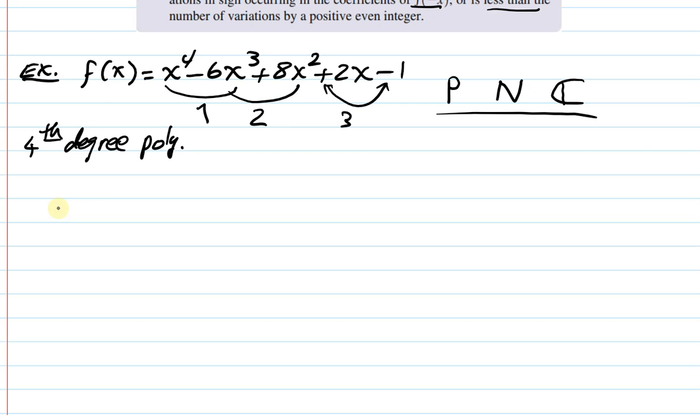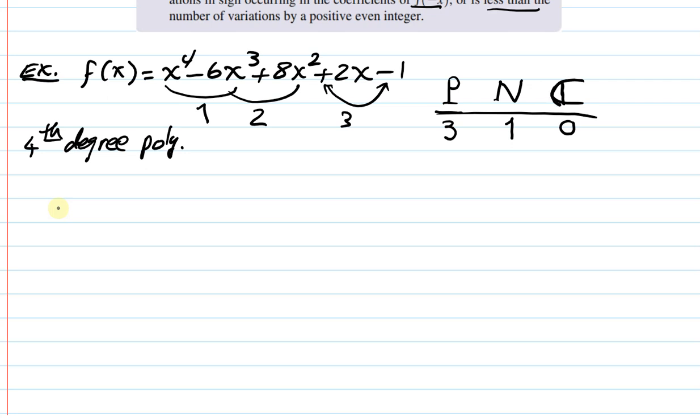The variation in sign for positive is 3, so this one could have 3 positive. Because it's a 4th degree, the other one should be negative, and there's no complex, because the 3 and 1 exhaust the degree. That's the maximum possible, and we've exhausted that, so there's no chance it will have a complex.